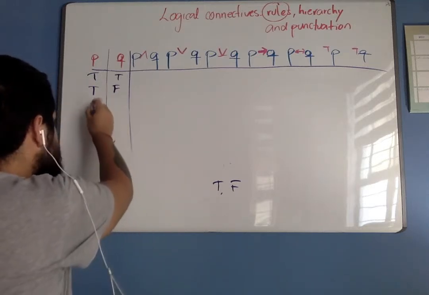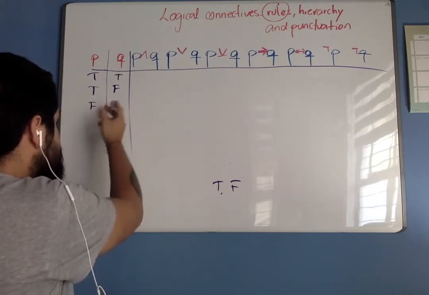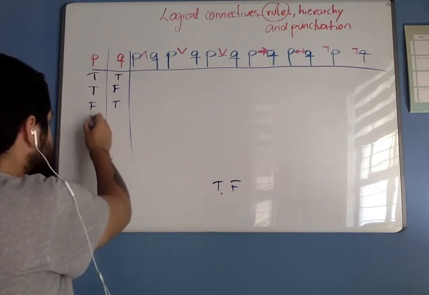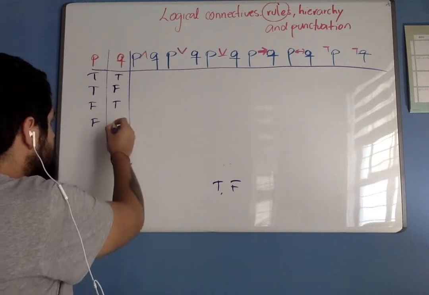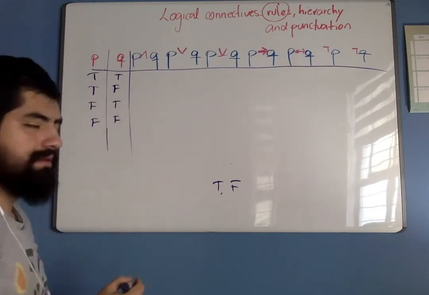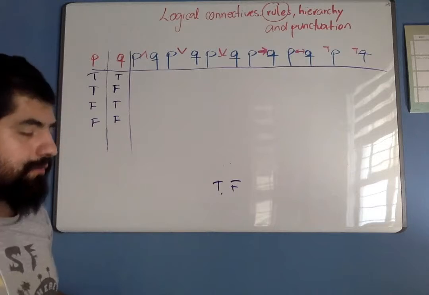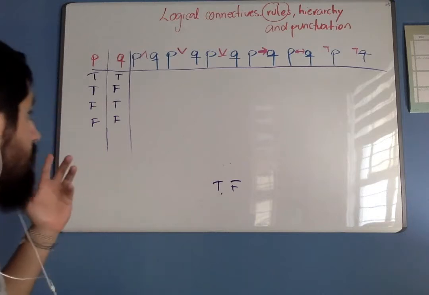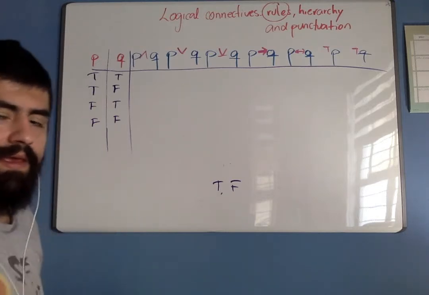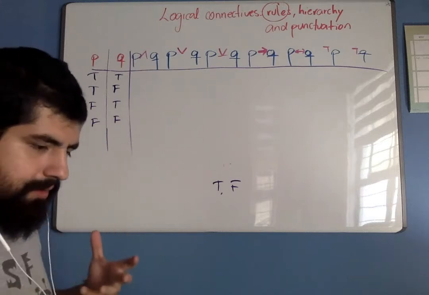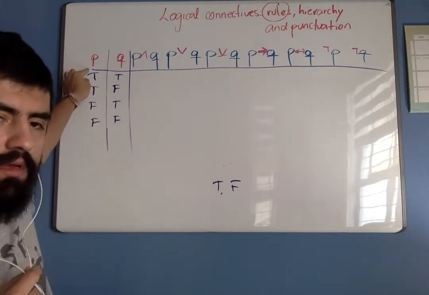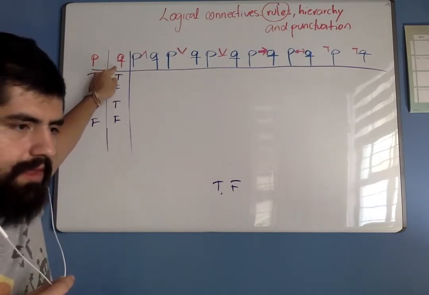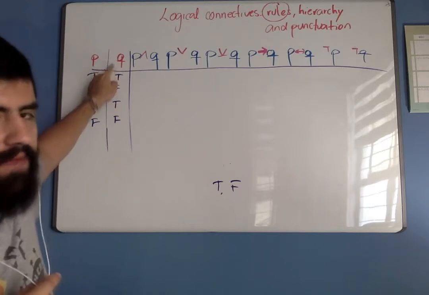Well, we can say that P is false and Q is true. Simple. And now we can say that P is false and Q is false. As you can see, we already arranged all the possible combinations that P and Q can have. In other words, it can be possible that the logic students are smart, that is true, and that the logic exams are easy, and that is true.